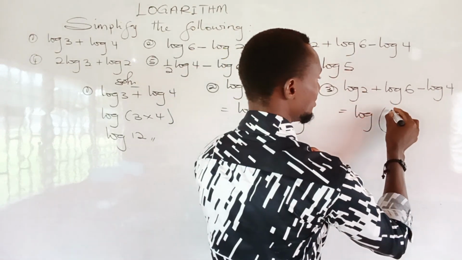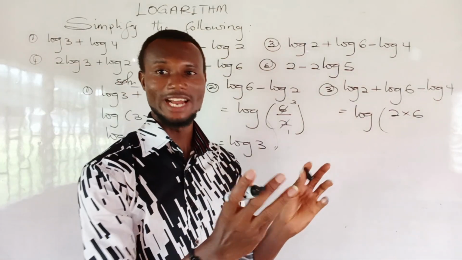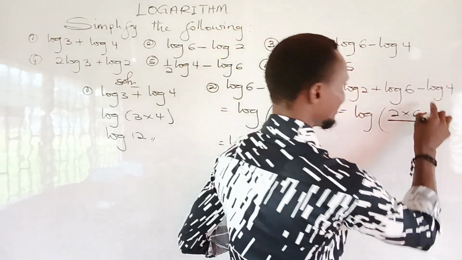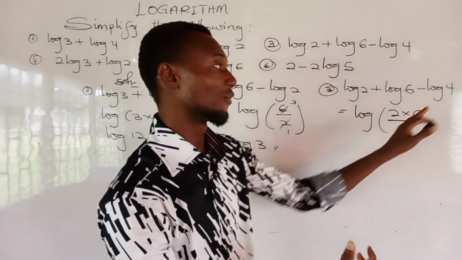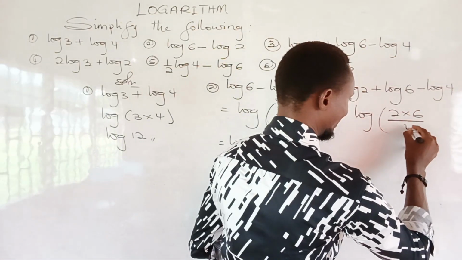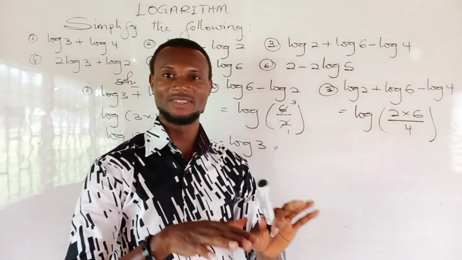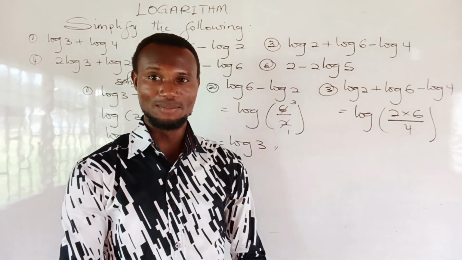Multiplication. So it's going to be 2 times 6. That is the product rule. Over, seeing subtraction here, it means we are going to apply the quotient rule. So the 4 will divide it. So this is how it's going to be. I hope the explanation is clear enough up to this point.